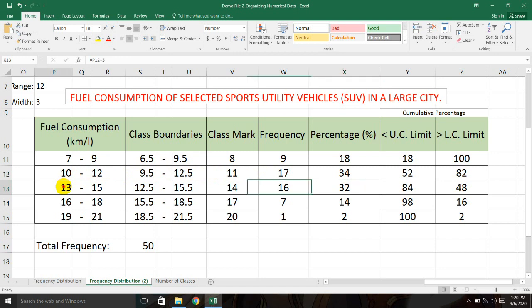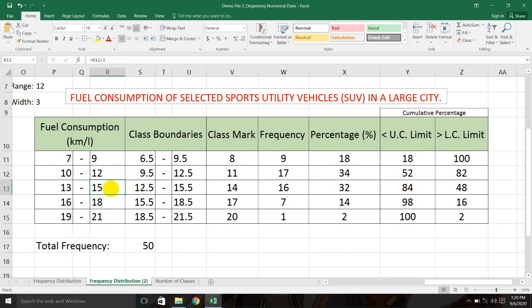And some get 13 to 15 kilometers per liter. There is only one vehicle that reaches the 19 to 21 kilometers per liter consumption. That's very economical, right? And how about the percentage of those SUVs averaging less than 15 kilometers per liter?